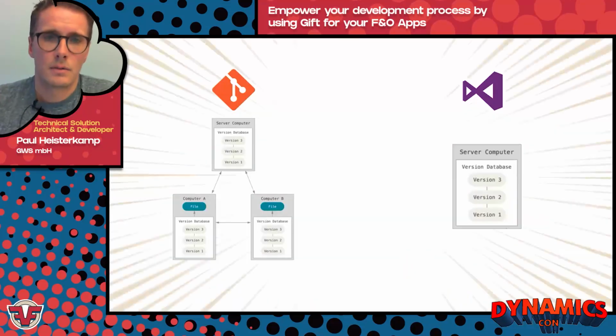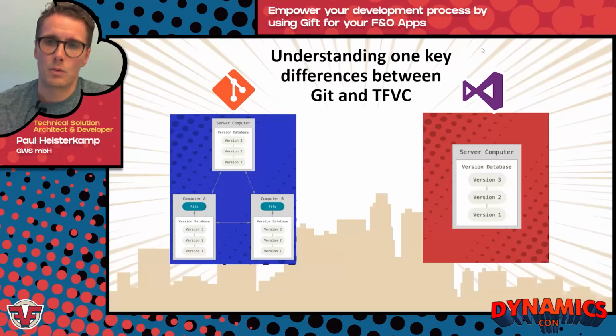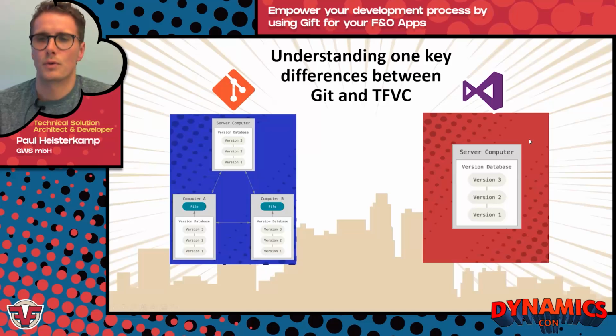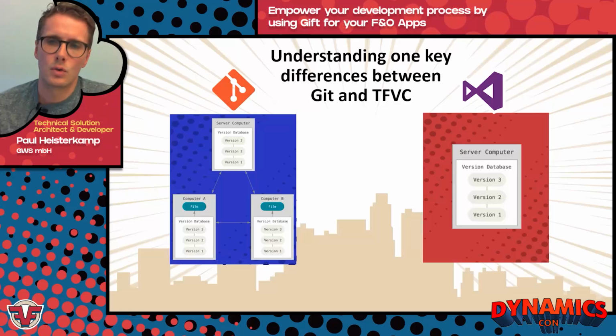So the next thing would be one key difference between Git and TFVC. TFVC on the right side is a centralized version control system. So whenever you're doing something with your version control, so with your repository, you're talking to one centralized repository.